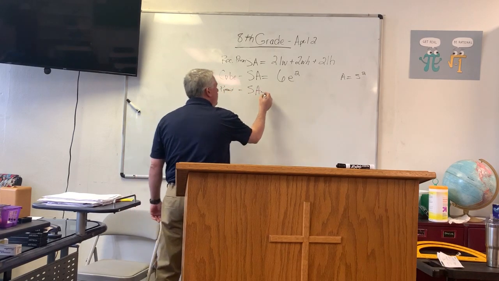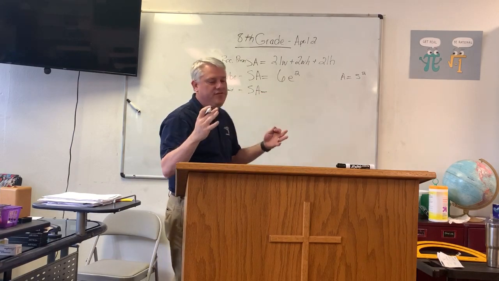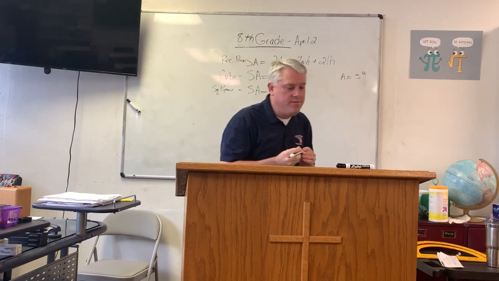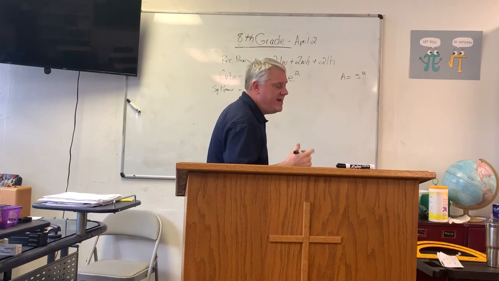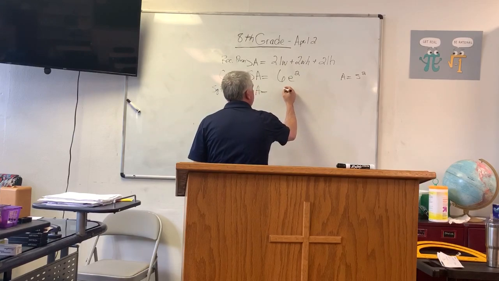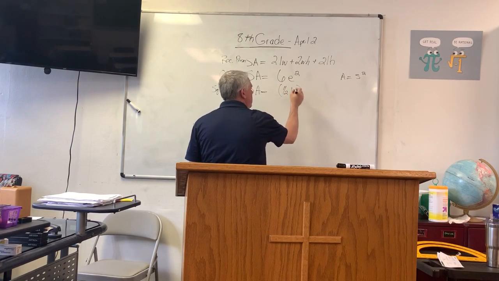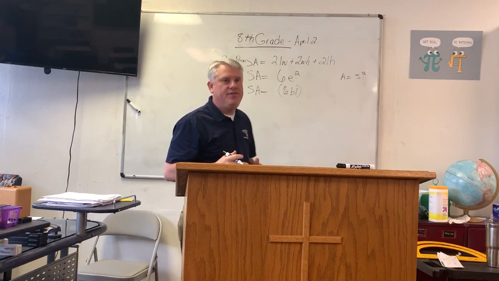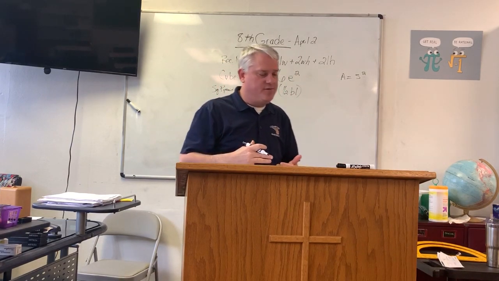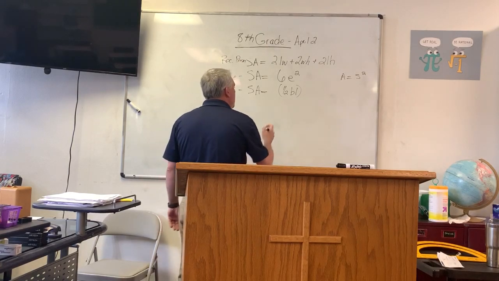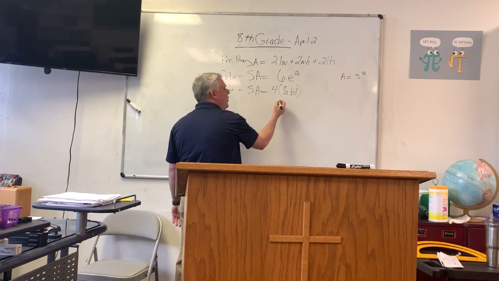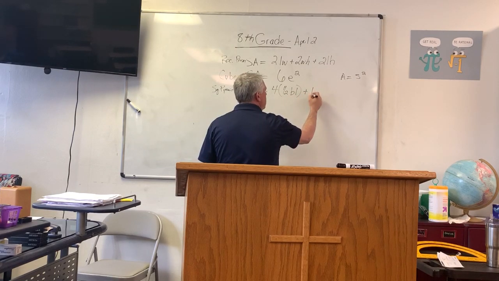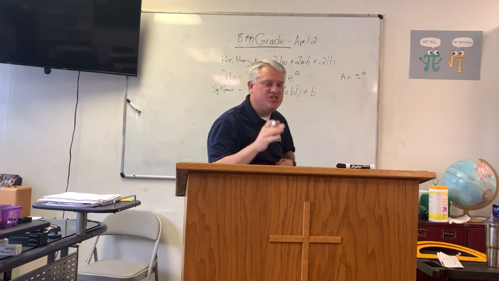Now, this square pyramid has 2 different parts. So remember, our formula for a triangle is 1/2 BH. They just substitute in here BL. The length or the height, same difference there, just substitute it in. We do that first. 1/2 BL times 4 plus that base is a square.